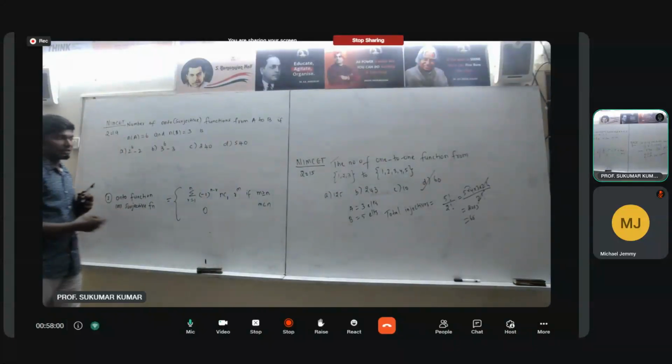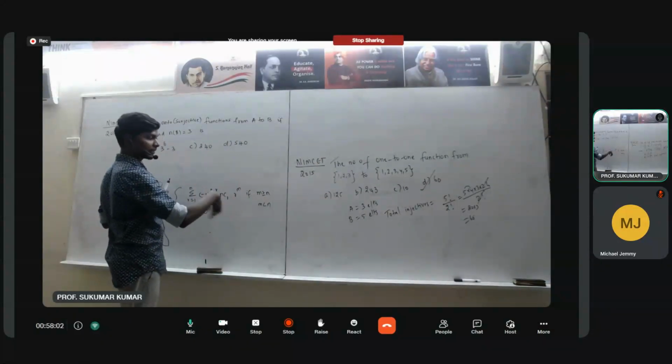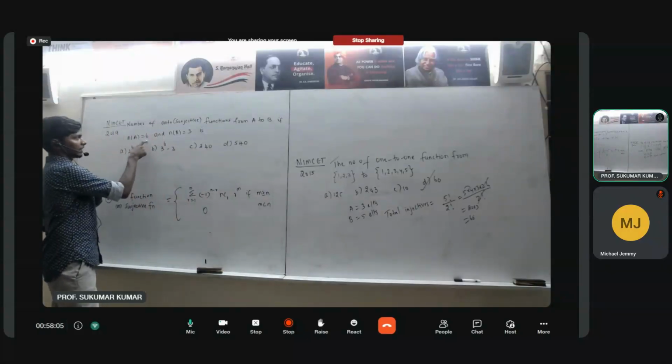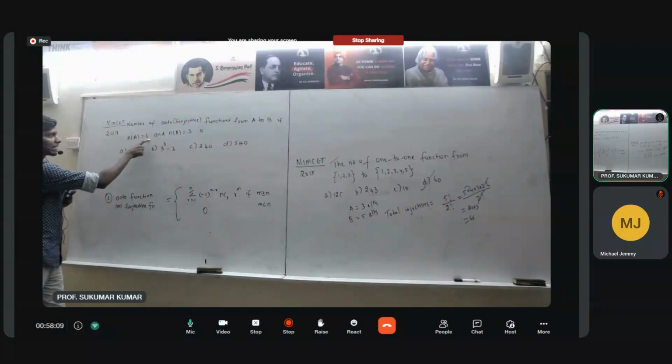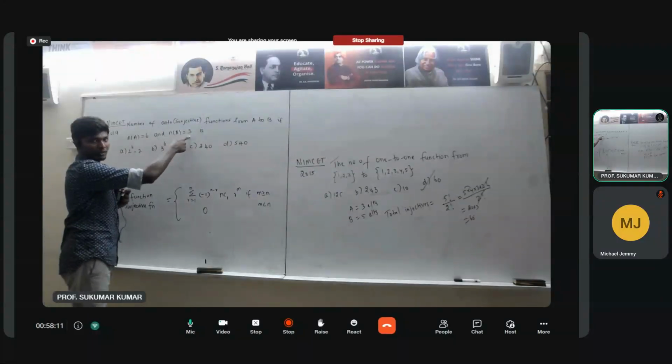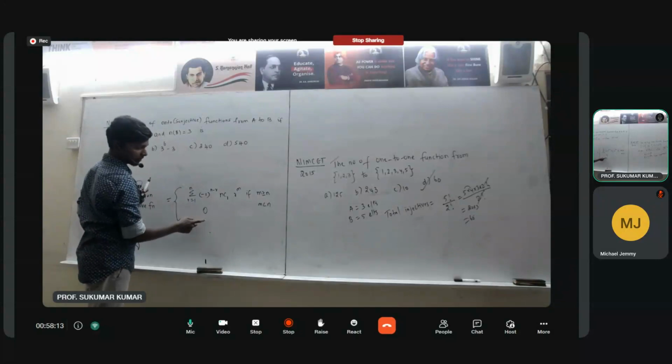So, same, we have an algorithm. If M is the greater element, M means the domain element is greater than the codomain element. If there is no swap, the width will be 0.